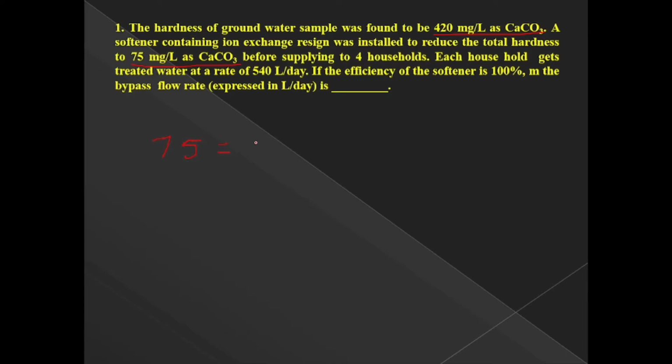So 420 into Q1 plus Q2 into 0, because S2 is not given to us, whole divided by Q1 plus Q2.